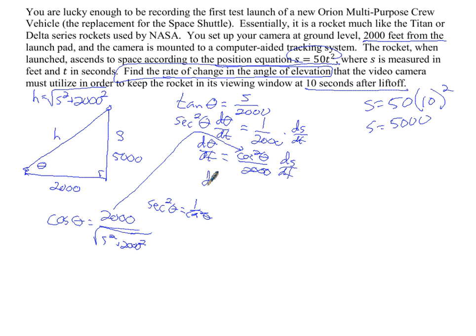So d theta over dt equals 2,000 over the square root of s squared plus 2,000 squared, all of that being squared, still over 2,000 times ds over dt.